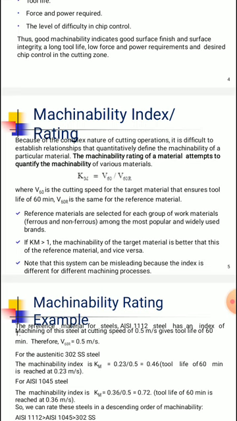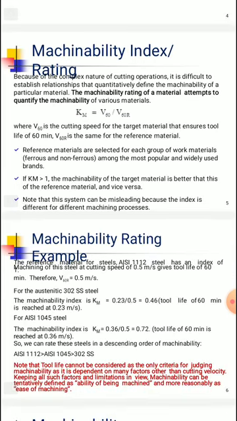Now for instance, the reference material for the steels, belonging to the standard AISI 1112 steel, has an index of machining at a cutting speed of 0.5 meter per second. The cutting speed of that particular material is given as 0.5 meter per second, which gives a tool life of 60 minutes.